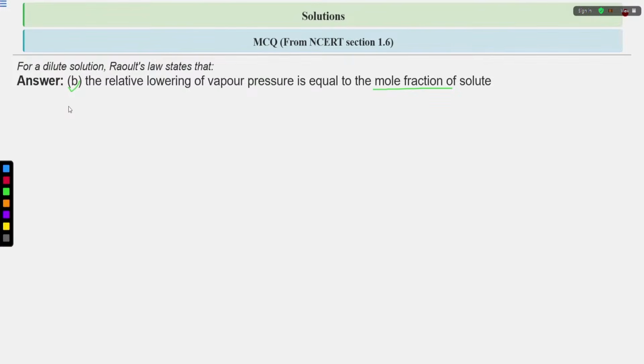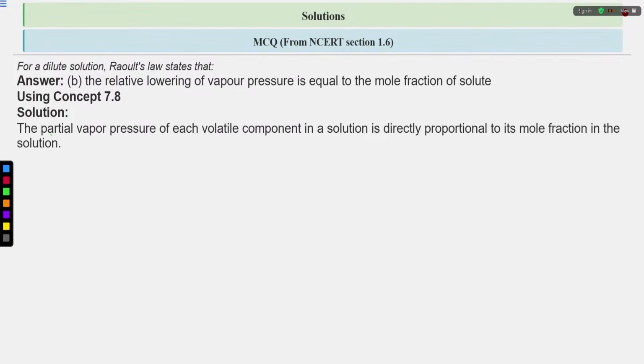If you solve it using concept 7.8, the solution says that the partial vapor pressure of each volatile component present in a solution is directly proportional to its mole fraction in the solution.